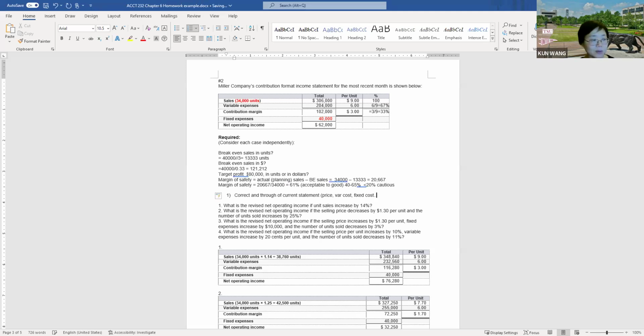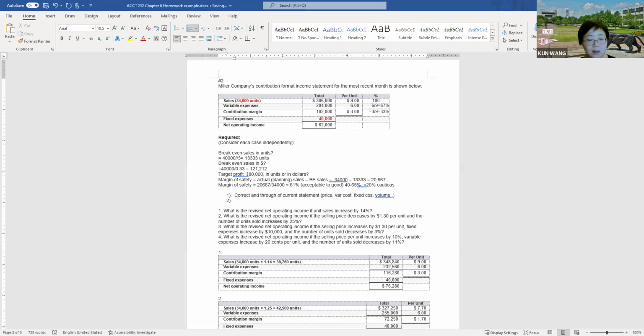And volume, certainly including the current volume, the unit.